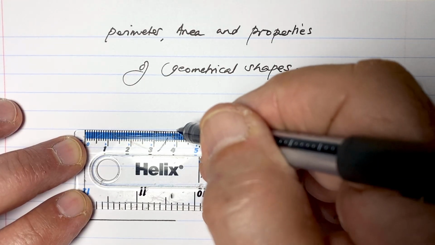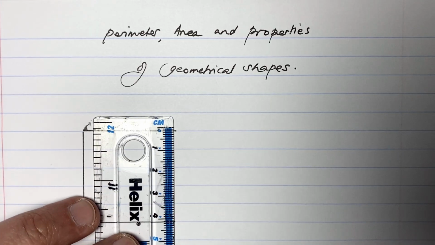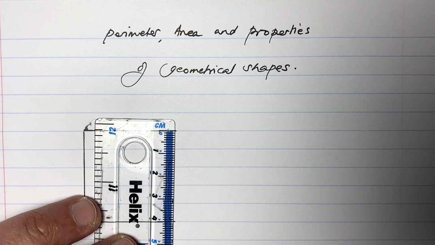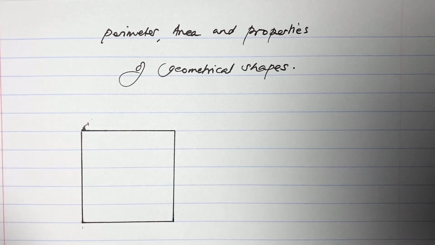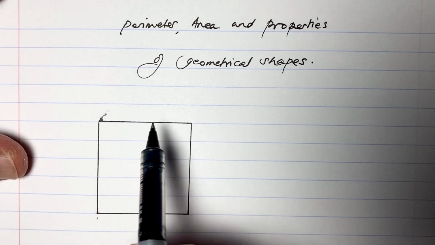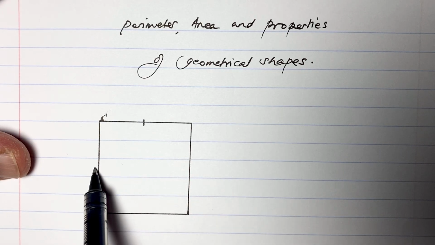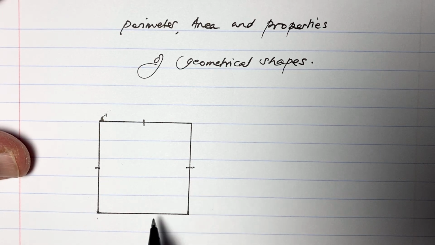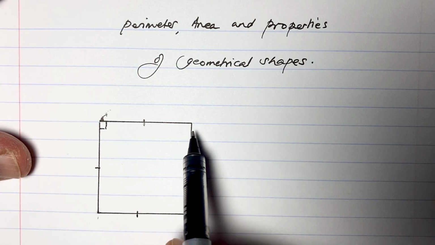So I have a square where all 4 sides are equal, and we have 4 right angles.